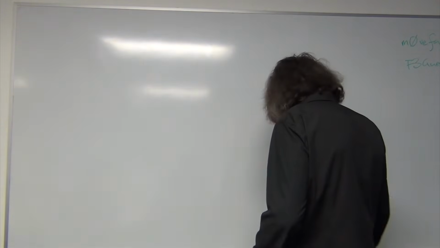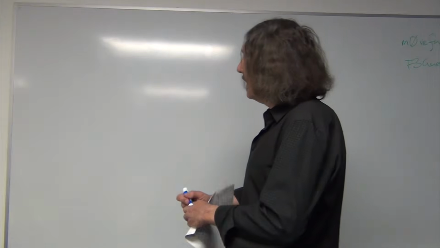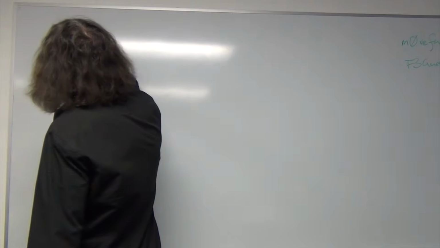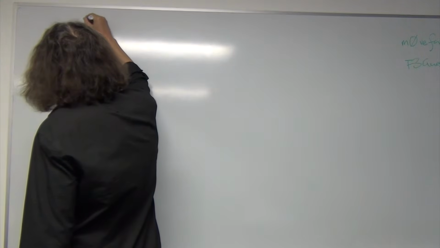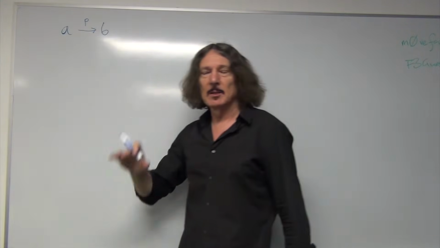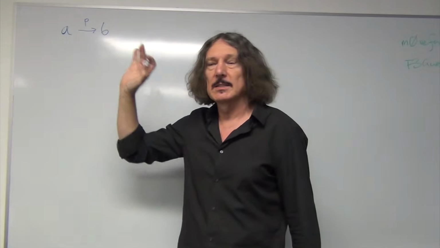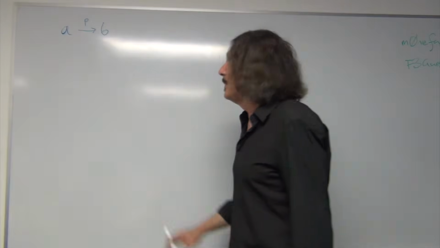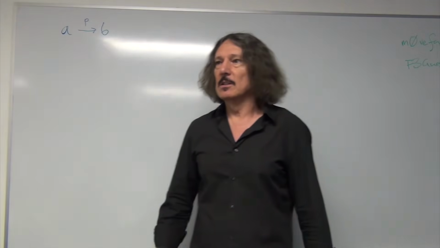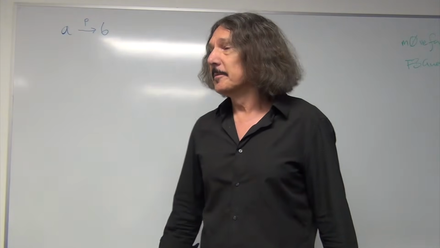So let's write it down. We have a function from A to B, which is not really a function. Let me call it with this arrow with a little p, a partial function. Can we replace this partial function with a pure function?